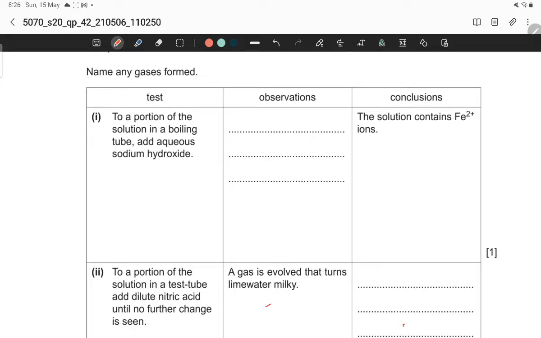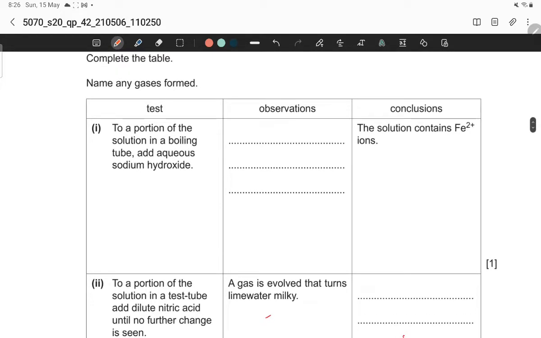It means a green precipitate. We know that iron 2 ions form green precipitates when they react with sodium hydroxide. Green precipitates of iron 2 hydroxide. So this is the reaction.